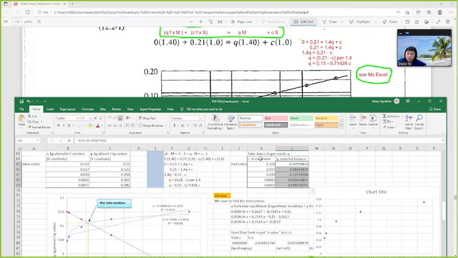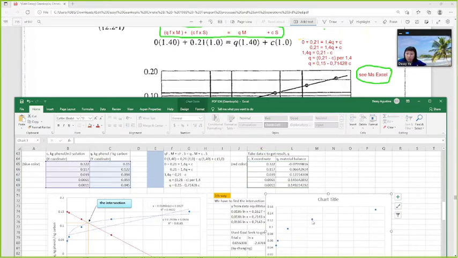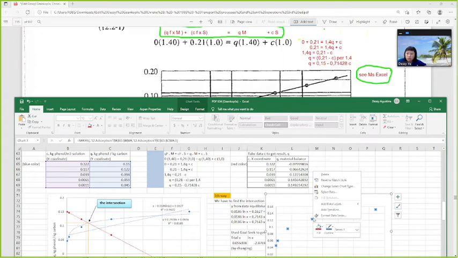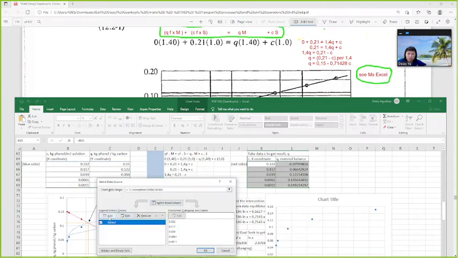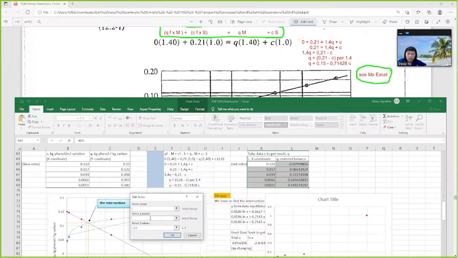And then from the two areas, I also click insert, but for one curve here, and then you click select data, click add, and then the series name.